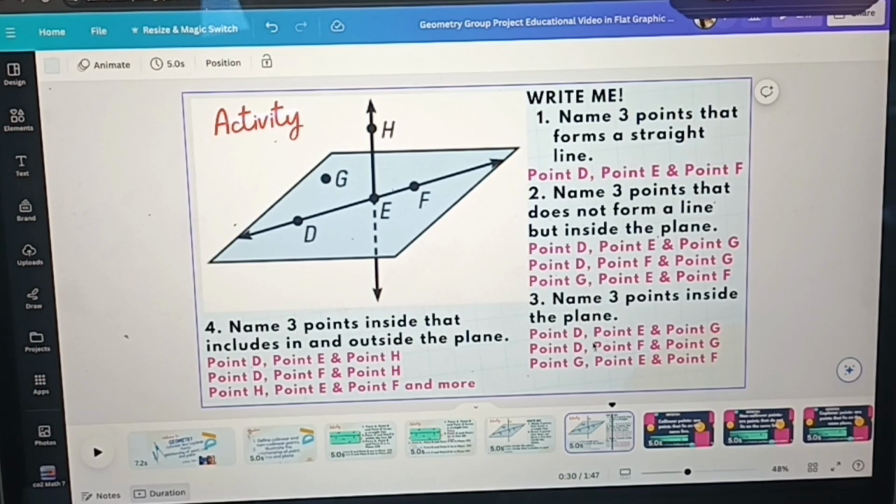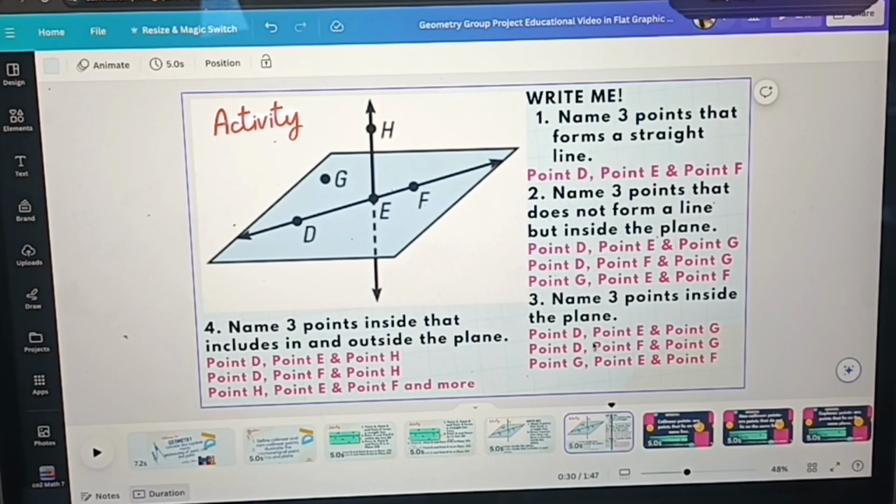Write 3 points inside the plane. Okay, it is not necessary that you write whether it is a straight line or anything. Just write 3 points that are inside the plane.